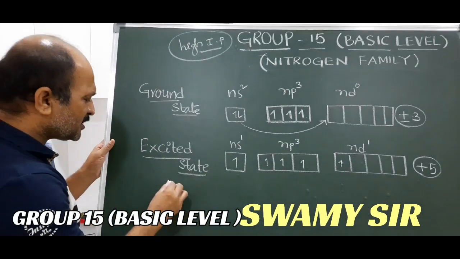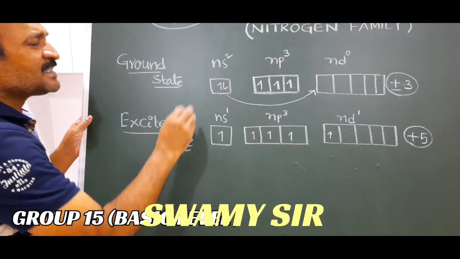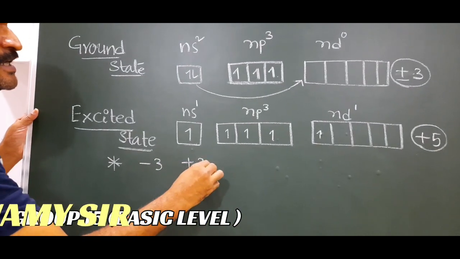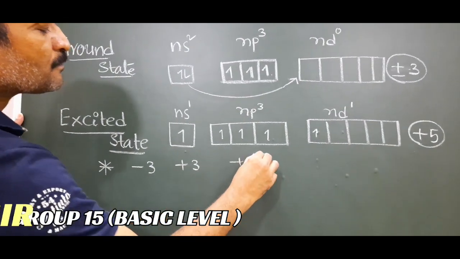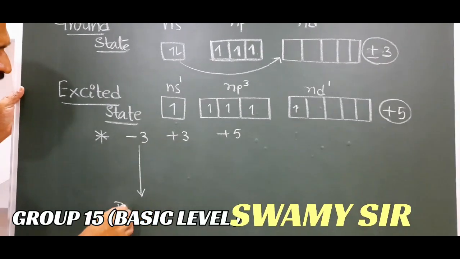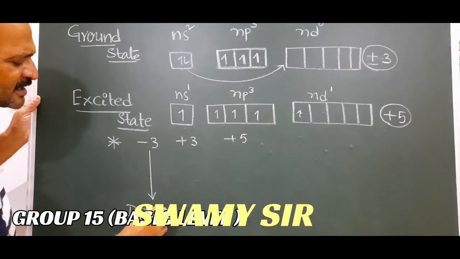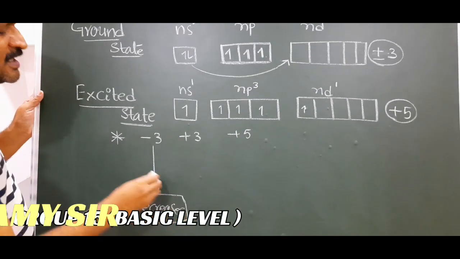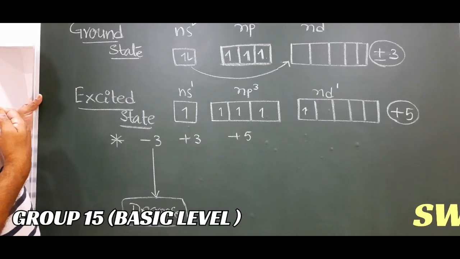Next important point, regarding the stabilities. Here -3 is there, +3 is there, and +5 is there. The stability of the -3 state decreases. Why? Very simple. -3 is possible by accepting electron density.